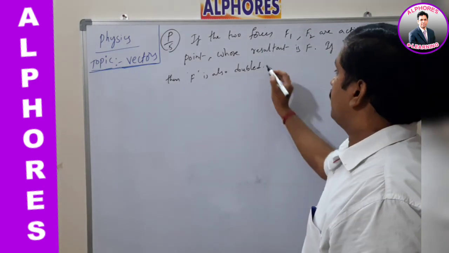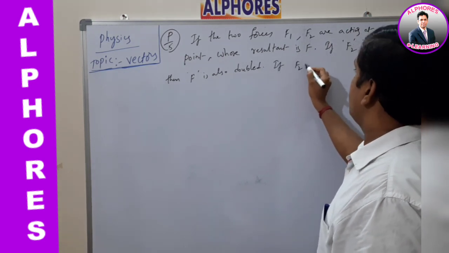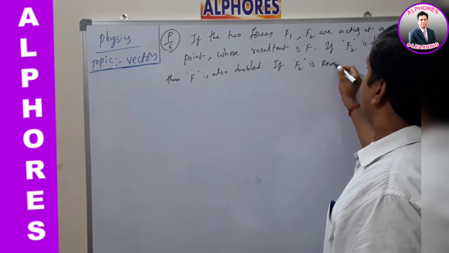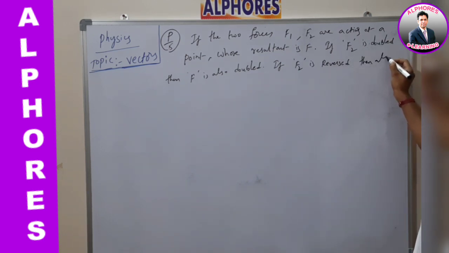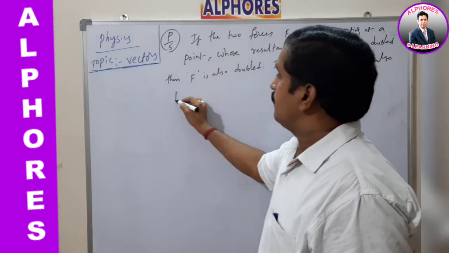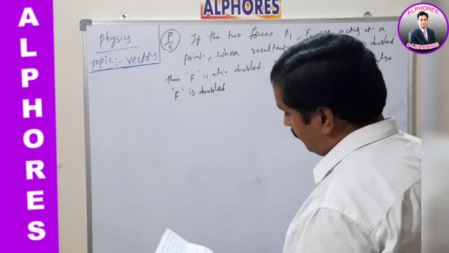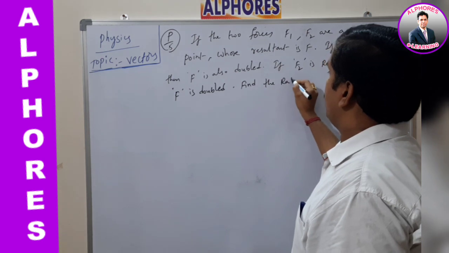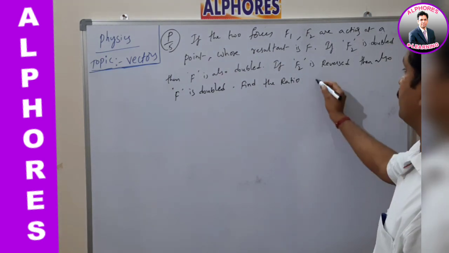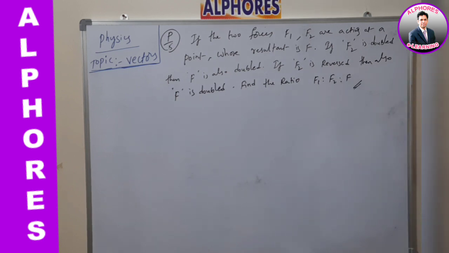And the third condition is if F2 is reversed, then also F is doubled. Find the ratio F1 is to F2 is to F. So this is the question I am giving.